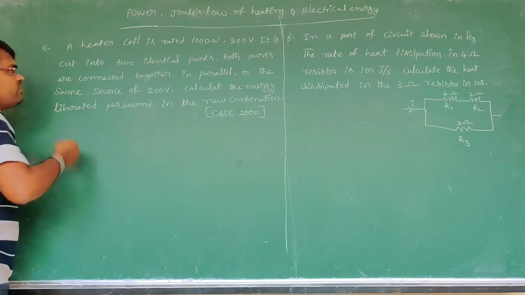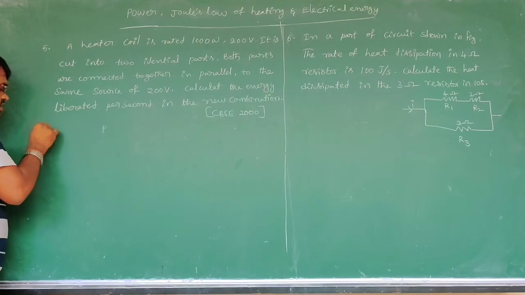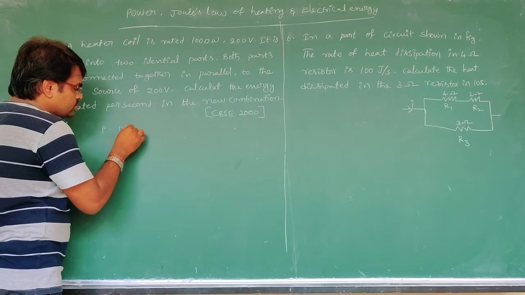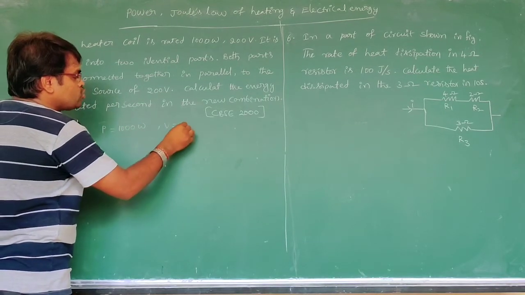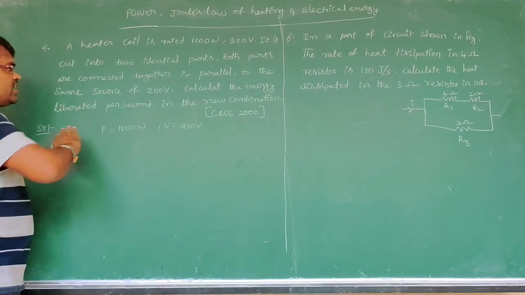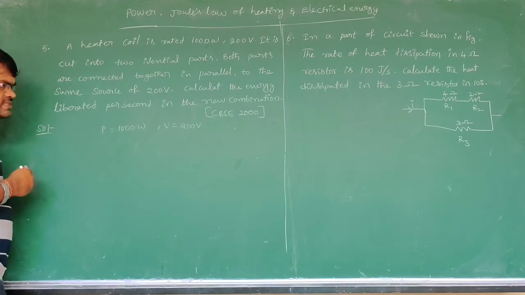First, what is given: the power of the heater is 1000 watts, and the potential is 200 volt. It is cut into identical parts. Now first we find the resistance.